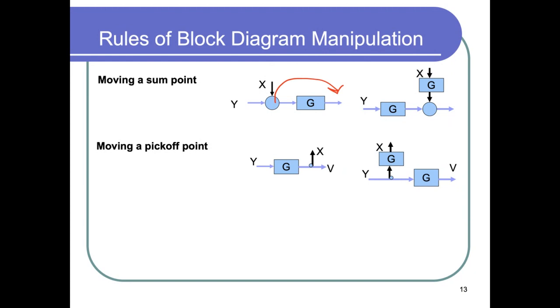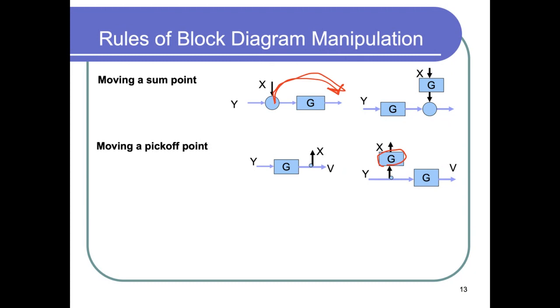So we have g, y, but we need to multiply by g. So if I take a summation point to outside the block, then I need to multiply it by whatever it had before going through it. Similarly, if I have a pickoff point, so if I have g and then you have x, I want to move the pickoff point to before g, then I need to multiply by g.